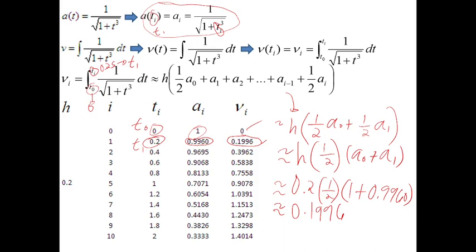Alright, so next, this is t sub 2. So we now replace this, and t sub 2 is 0.4 seconds.